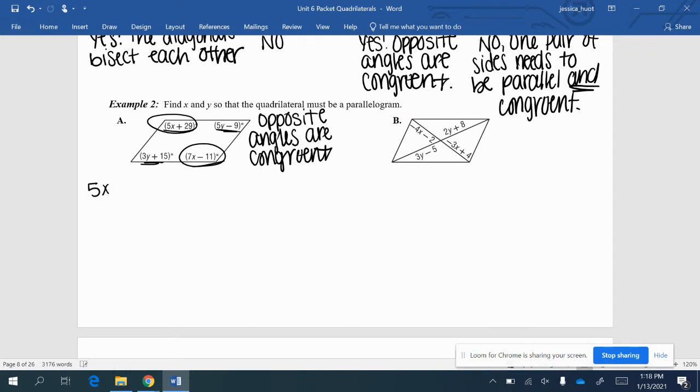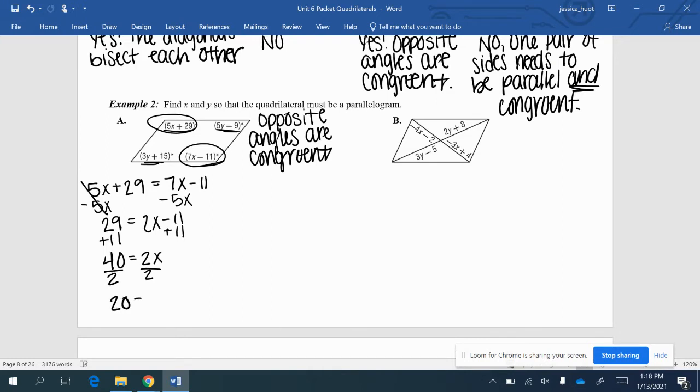So 5x plus 29 is equal to 7x minus 11. Solving here, subtract 5x over, 2x minus 11. So then I have 40 is equal to 2x, and 20 is equal to x.